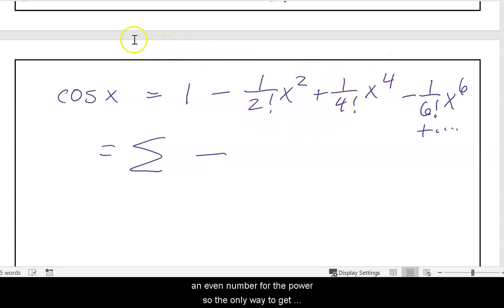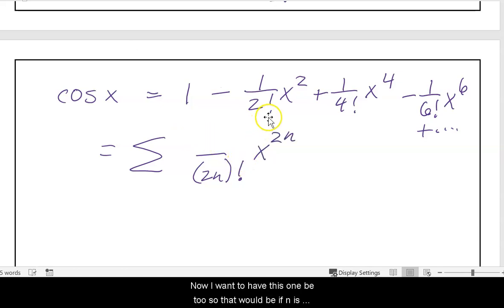So the only way to get an even is to multiply by 2. So in parentheses, I need a 2n factorial, and I need an x to the 2n power. Now I want to have this one be 2, so that would be if n is 1, and then when n is 2, I'd get this, n is 3.